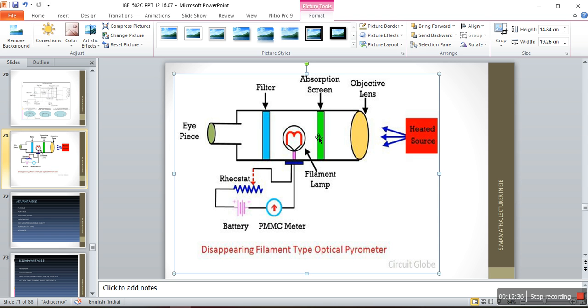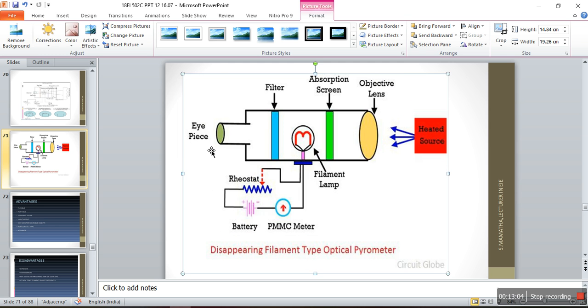What happens here is, this is a bulb. Whenever the light intensity emitted by this bulb, due to the current flowing through it, is more than the radiation emitted by the heated surface, the filament will appear brighter when seen from the eyepiece side.